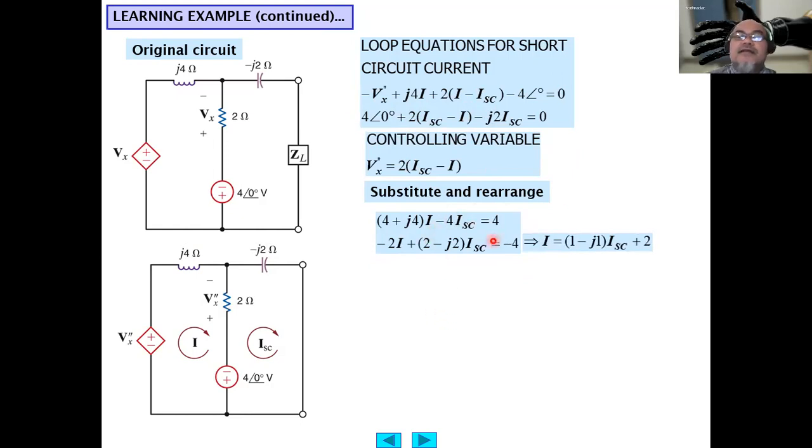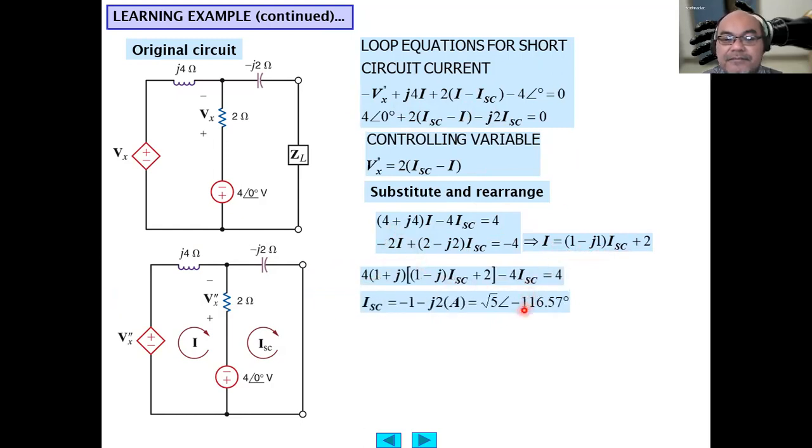Then we obtain the current I equals 1 minus j1 plus ISC. Then the current ISC equals -1 minus j2 ampere, or in phasor format, square root of 5 with a phase angle of minus 116.57 degrees.